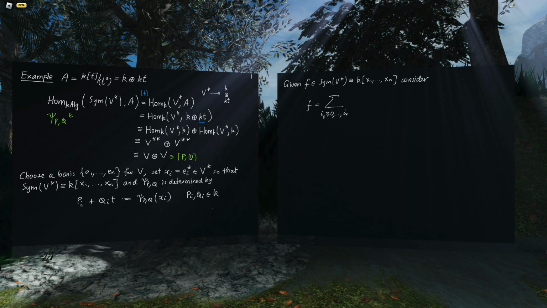So the Taylor series expansion in n variables is the following. So I'm doing the Taylor series expansion at the point P. You'll see why.